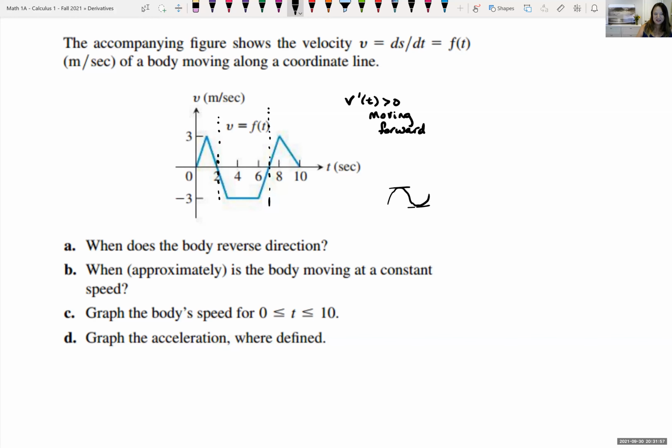So we talked about that it was reversing directions when the velocity, earlier in the video, when the velocity changed signs. And so notice that our velocity is changing signs at 2 seconds. It's changing signs also at 7 seconds.